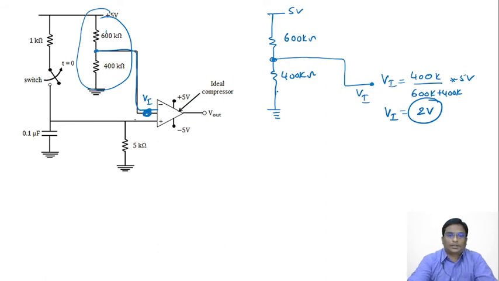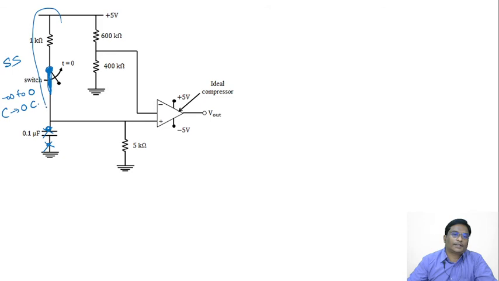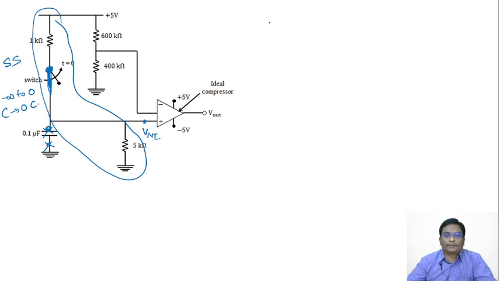Simply let us calculate the non-inverting voltage also. Here, non-inverting, initially the switch is closed from minus infinity to 0. Circuit is said to be in steady state. Steady state behavior of capacitor is an open circuit behavior. This capacitor is not there. And right now, this 1 kilo and this 5 kilo constitute the voltage divider network. And this is the V non-inverting voltage. This is 1k, this is 5k. This is 5 volts. This is grounded.